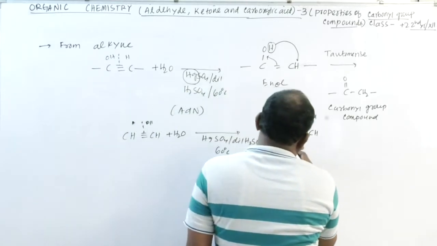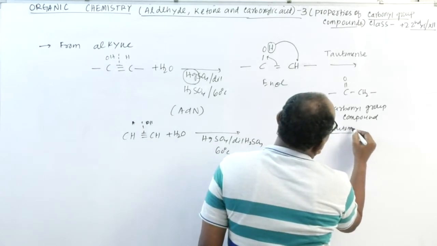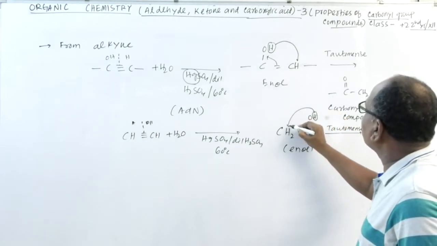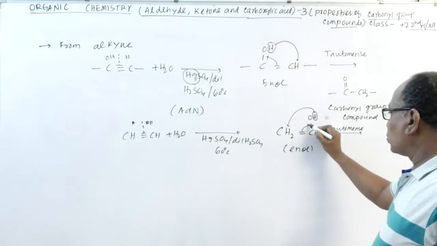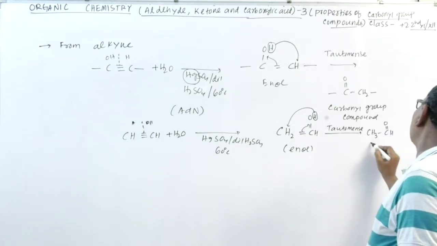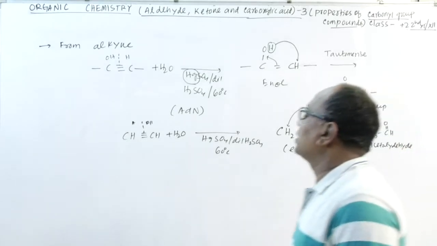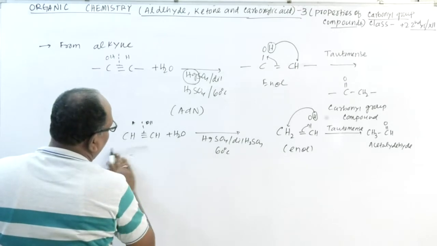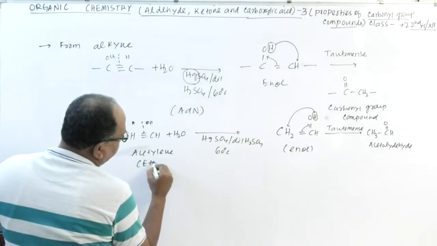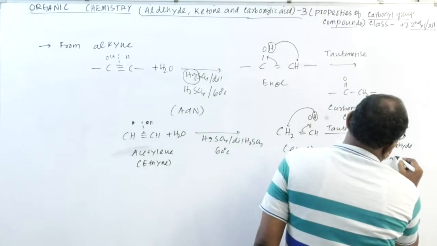And this is called the enol form, and this undergoes tautomerism. This H will come to this one, and this double bond goes here. It becomes CH3CHO. This is your acetaldehyde, and this is your acetylene, or ethyne, and this is your ethanal.